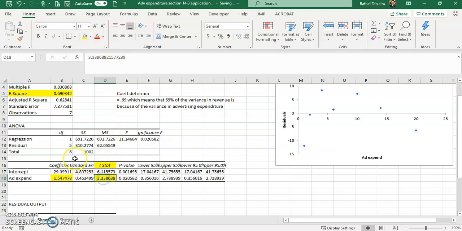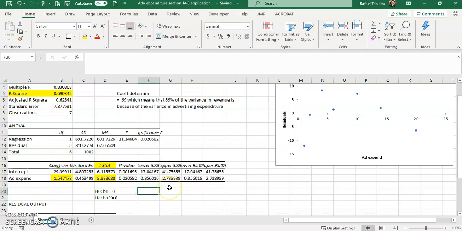So the coefficient is 1.54. The t-statistic is 3.33. If we have a t-statistic, we have null hypothesis, which is b1 equal to 0. Alternative hypothesis of b1 is different than 0. Okay?